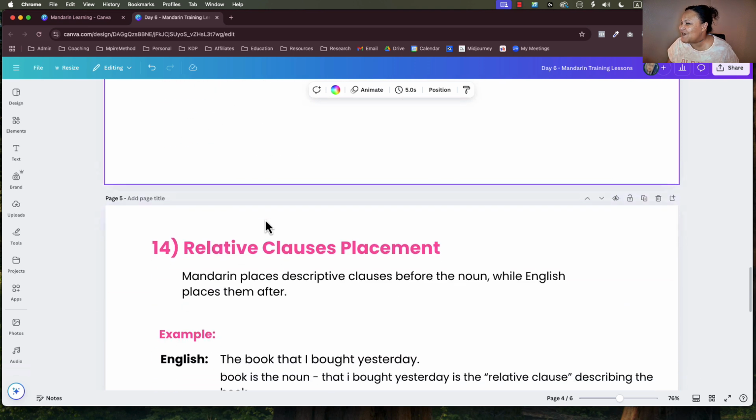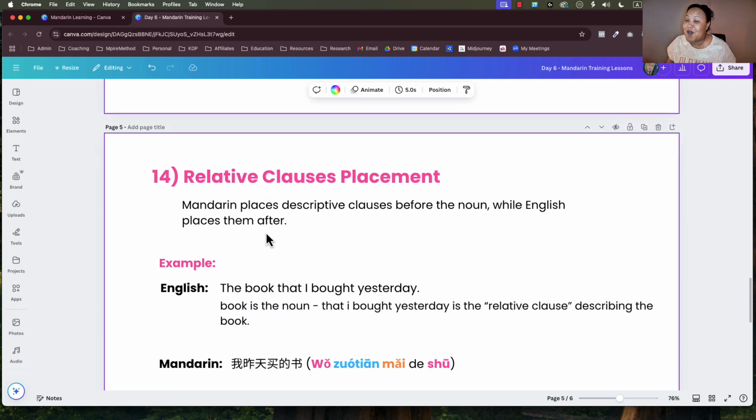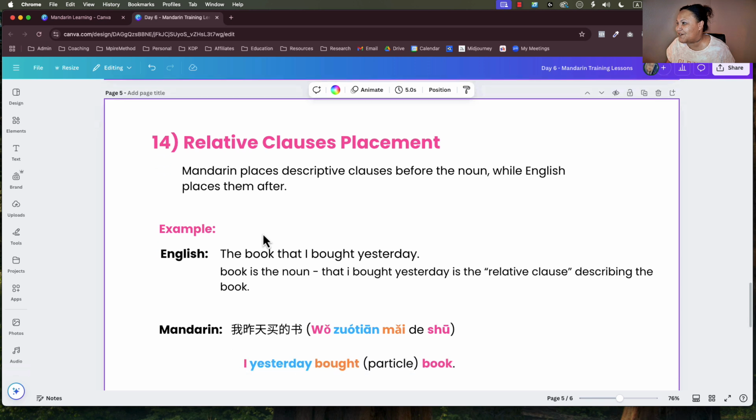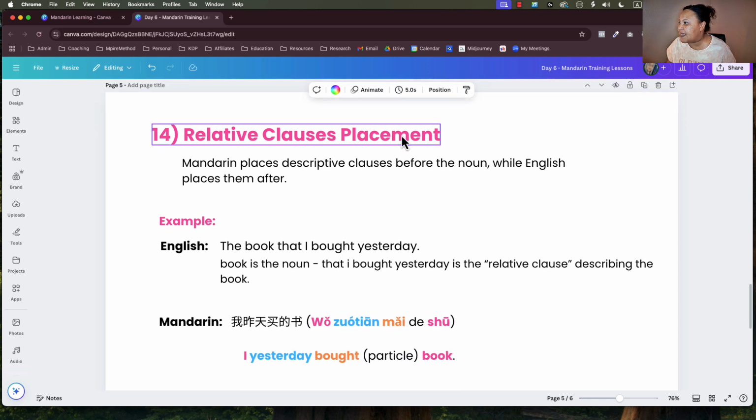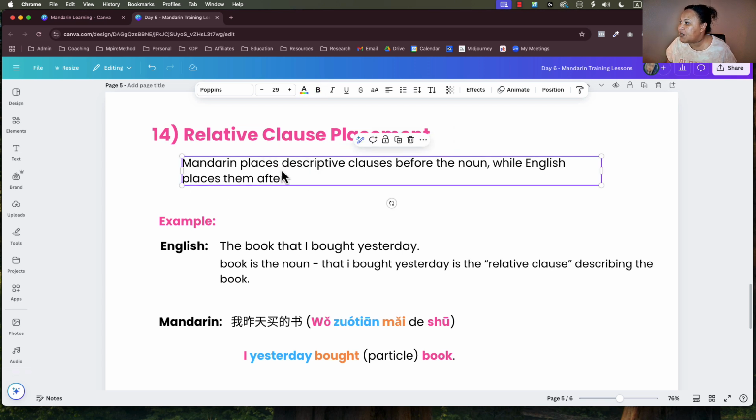Okay, so let's move on to number 14. We're almost done with our 15 ways of things being different. Relative clause placement. Mandarin places descriptive clauses before the noun while English places them after. The book that I bought yesterday.